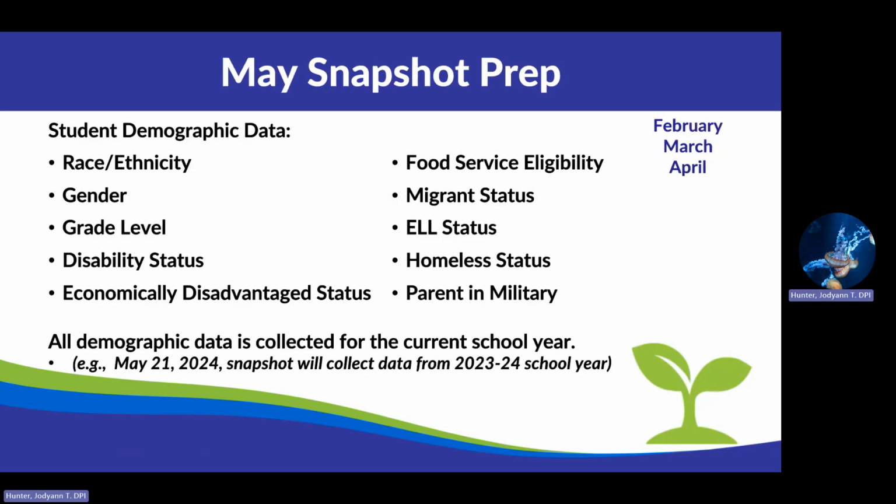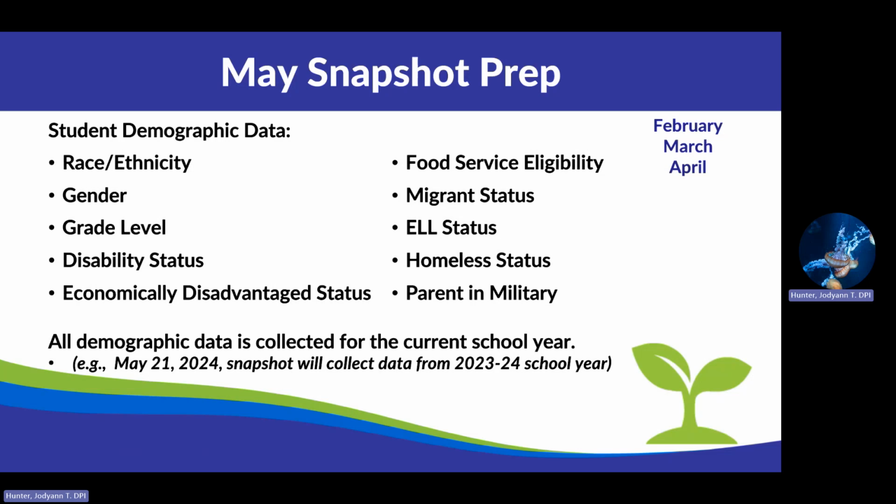For the May snapshot prep, this includes the student demographic data. Once again, different for choice and public schools. This includes race, ethnicity, gender, grade level, disability status, economically disadvantaged status, food service eligibility, migrant status, ELL status, homeless status, and parent in the military.